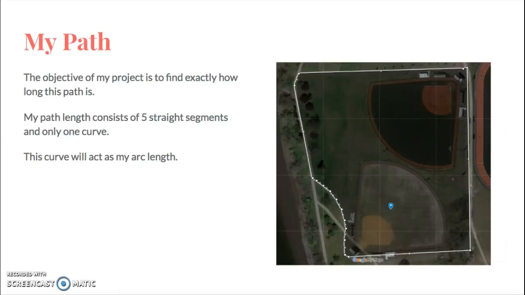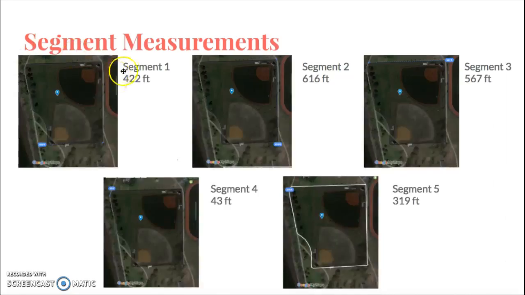So this path length consists of 5 straight segments and only one curve. So here's one straight line, here's another, this is the third, this little one's the fourth, fifth, and then this is my one curve, which I will be finding the length of. So these are each of the segment measures.